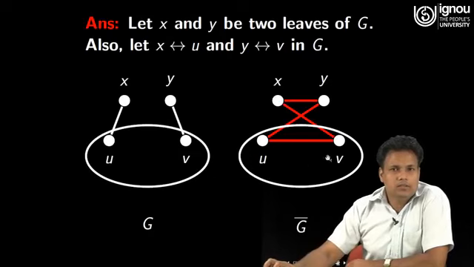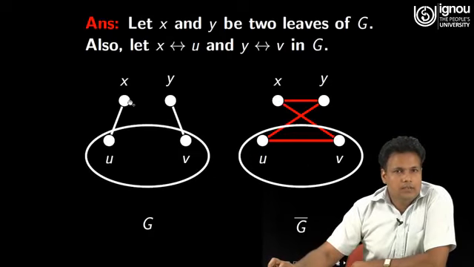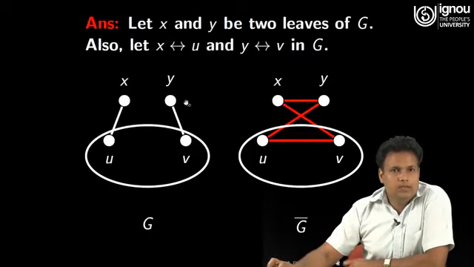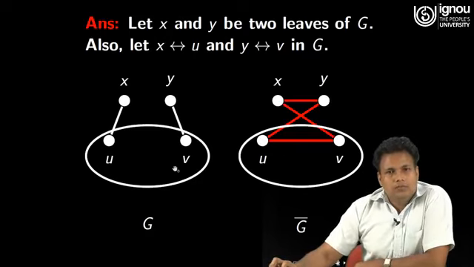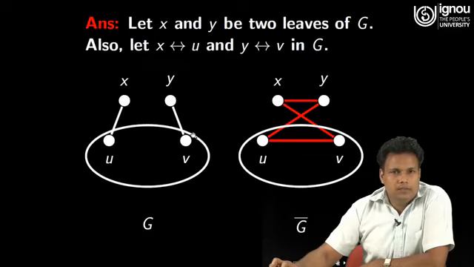So, this is the situation in G complement. If x and y are not adjacent here, then they would be adjacent here, and the edge u y is not present here, so u y is there. Now, you just consider any vertex apart from these 4 vertices. If a graph has only these 4 vertices, then there is nothing to prove here.